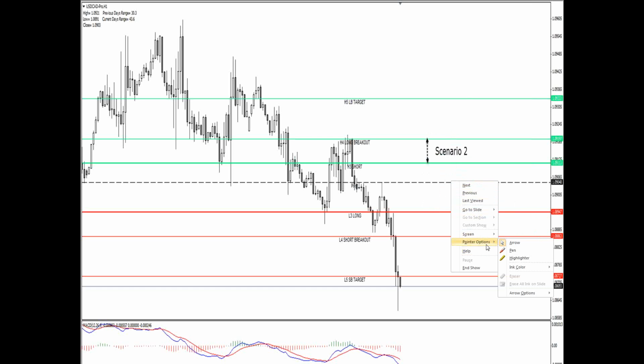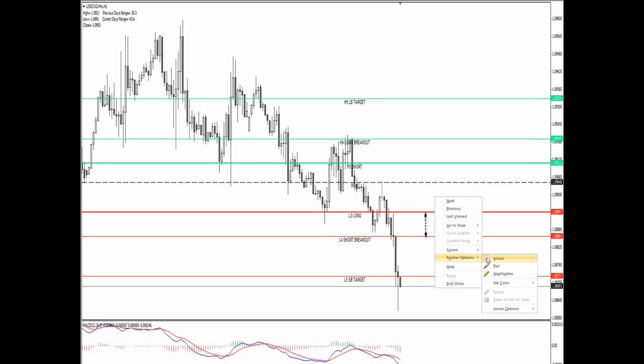Scenario 2 is when the open price is between H3 and H4. For a long trade, price needs to move above this region. We then buy, placing our stop loss here, targeting this region. Okay? Scenario 3 is open price is between L3 and L4.